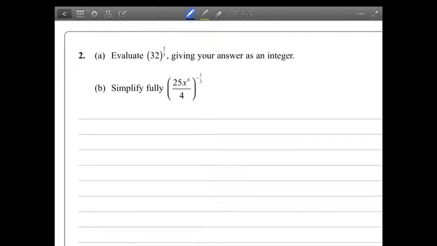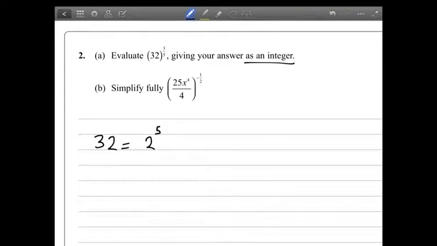We have the second question here. Evaluate 32 to the power of 3 over 5, giving your answer as an integer. We know that 32 is equal to the fifth power of 2, and we have the operation of taking the power of a power.